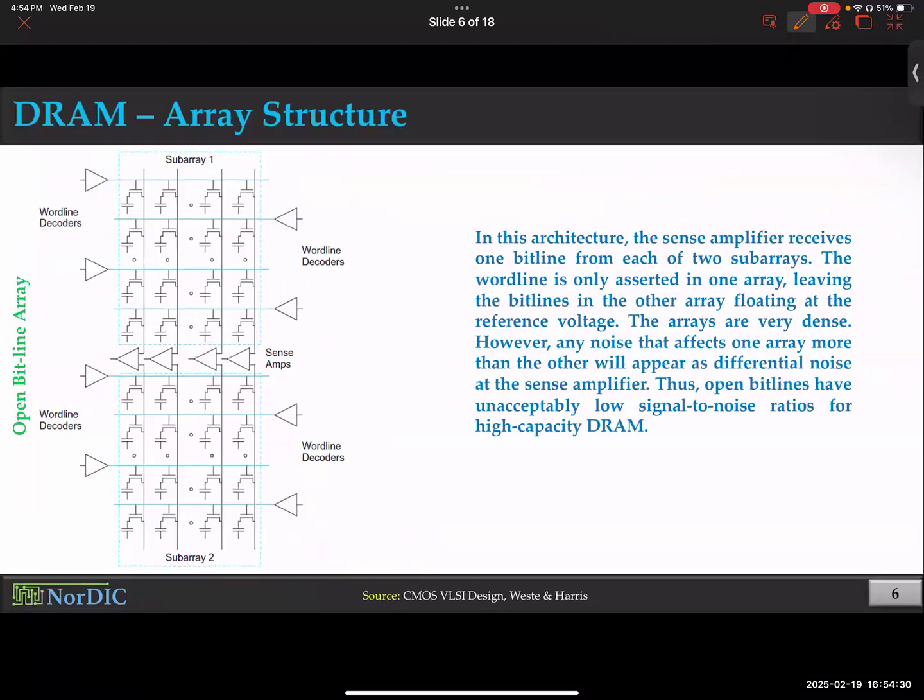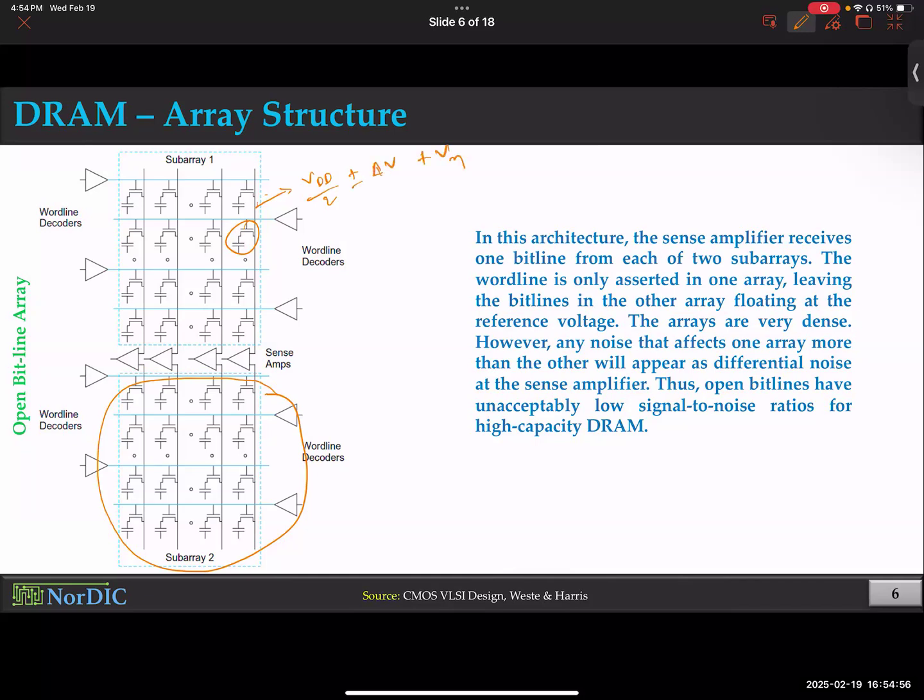There is one major problem with this approach. As you see, the reference generation block is physically separate from the cells that you're trying to read. Now, when some sort of noise comes, or some electrical aberration that leads to changes in the voltage, imagine this bitline voltage was VDD/2 plus or minus delta V. There could be a noise voltage added to this as well.